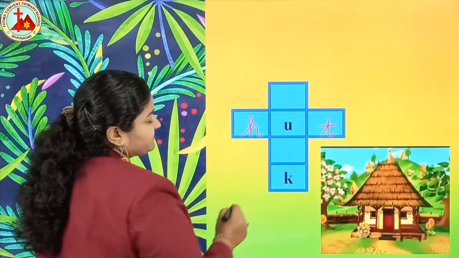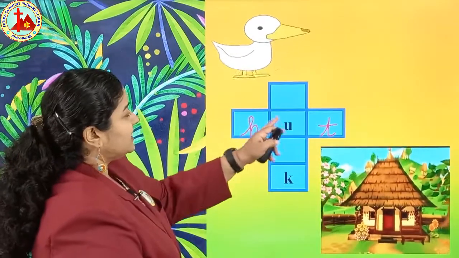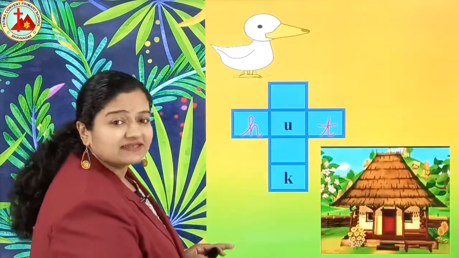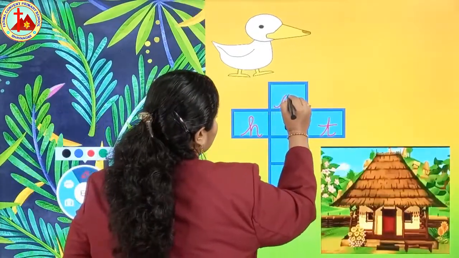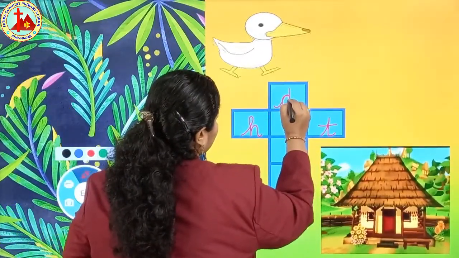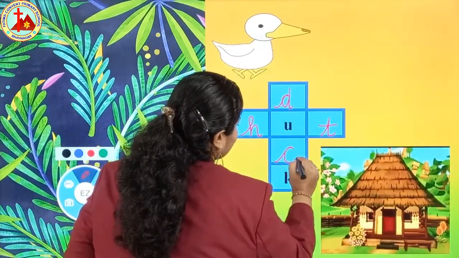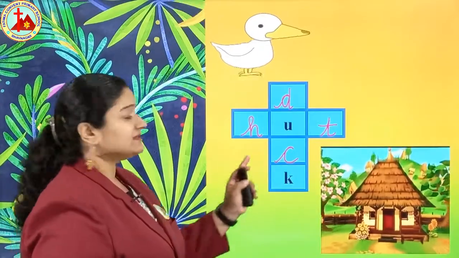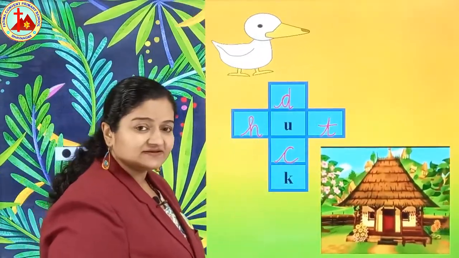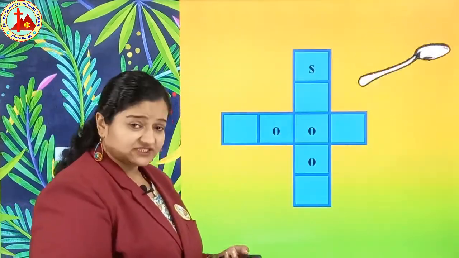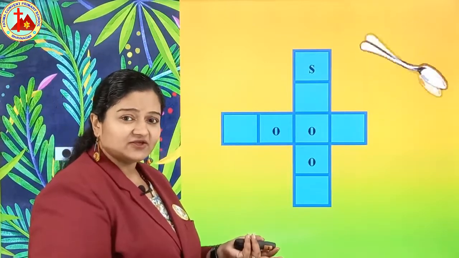And another picture is duck. D-U-C-K, duck. So write duck spelling here. D-U-C-K, duck. And this side hut. Children, shall we go ahead? You understood what Miss is telling you?